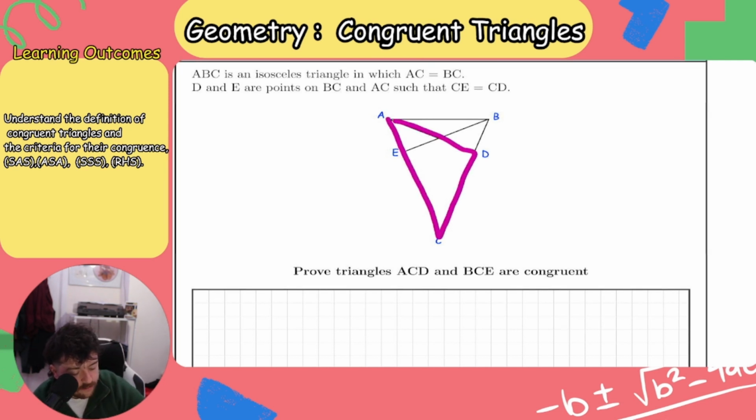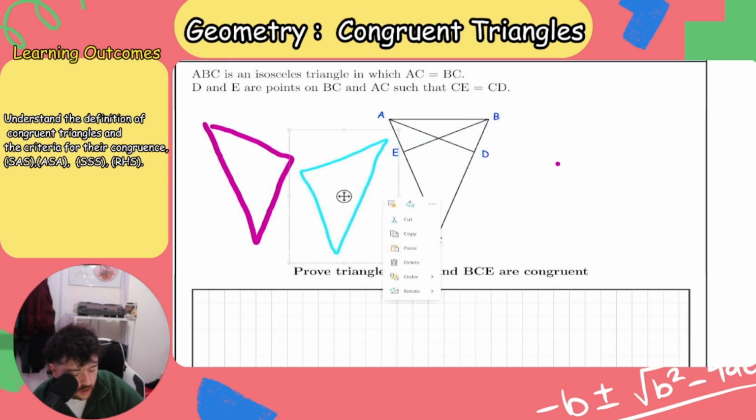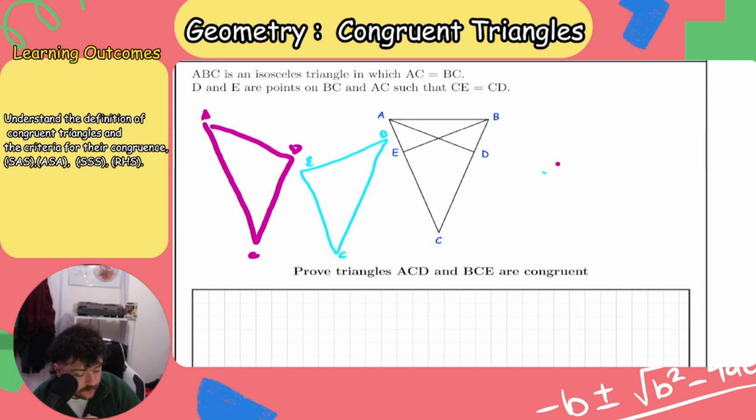It's always best, if you have shapes like this with triangles on top of each other, to draw them out. Now I have triangle BEC extracted out. So B, C, E, and A, C, D. Let's start labeling some bits here.